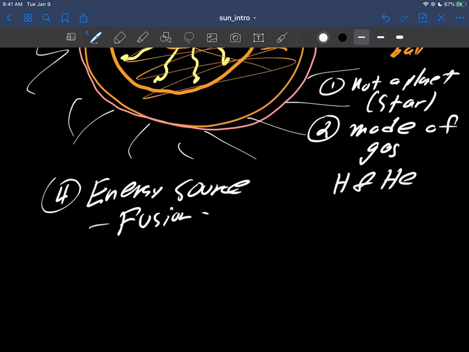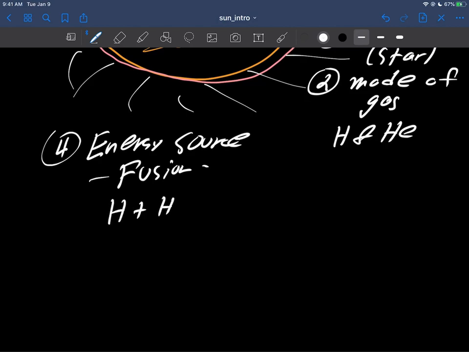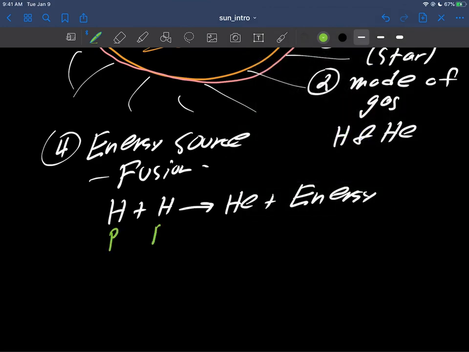And what fusion is all about is you take 2 hydrogen atoms, a hydrogen plus a hydrogen, and they react to make helium plus a whole bunch of energy. And so you can think of each hydrogen as a single proton. And of course, the helium that comes out is 2 protons and 2 neutrons. So if you review your chemistry, that would be the atomic structure of those elements, the hydrogens and the helium.